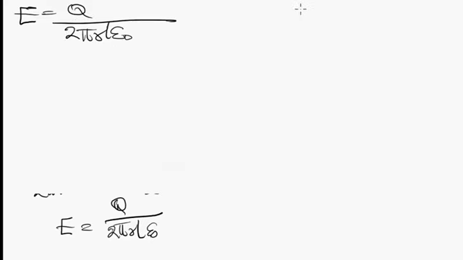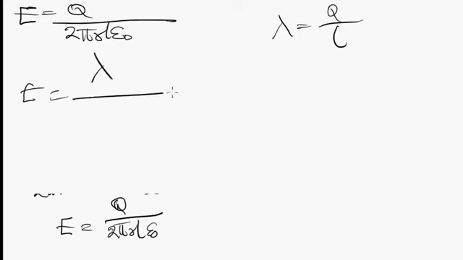I have to recall that my linear charge density is Q over L. So if I replace Q by my linear charge density lambda, since Q over L is lambda, it means that Q is lambda times L. So E is equal to lambda times L over 2 pi RL epsilon naught.